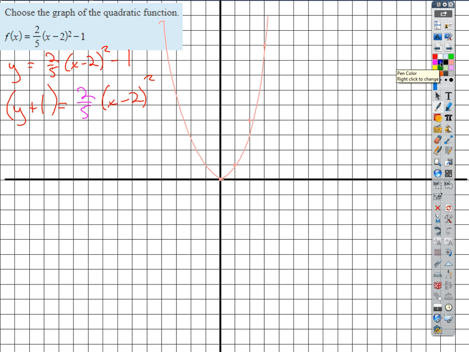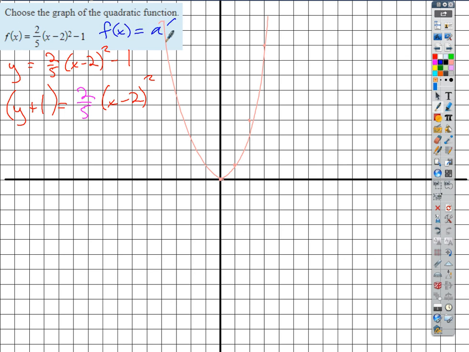Instead of writing it like this, let's not make this specific. Let's just say we've got some parent graph, and we're going to write f of x in terms of a parent graph.